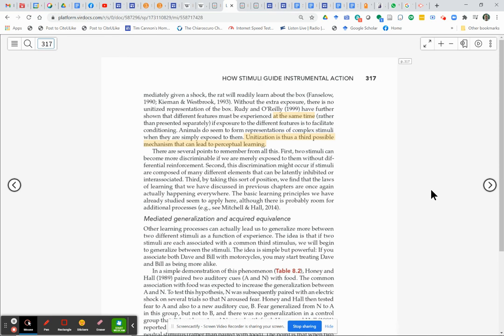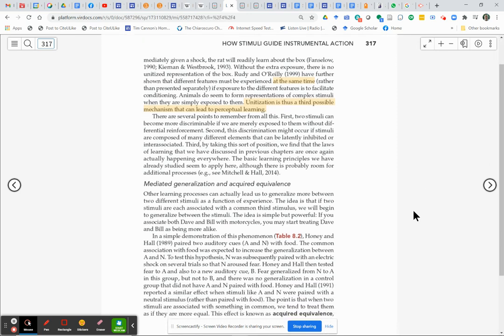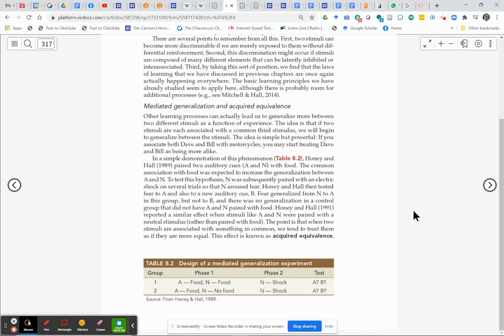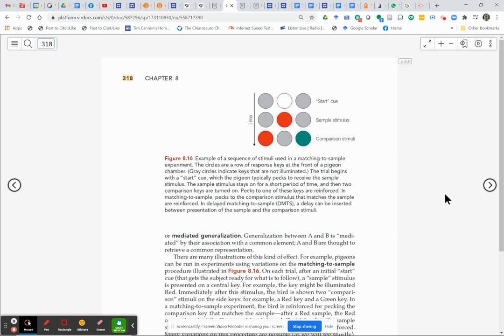And so there's another, unitization is the third possible mechanism that can lead to perceptual learning. And acquired equivalence, there's a nice discussion here. Again, there's a design, and you should look at that, and you'll be able to see how it works.